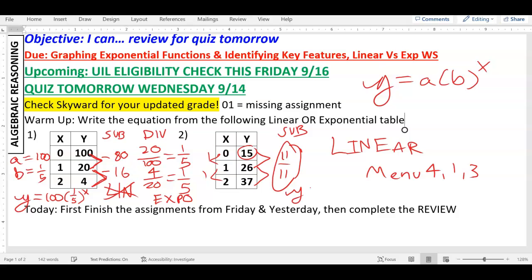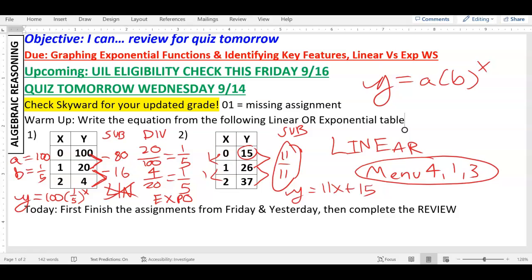So you could think, oh, the slope is 11, so y equals 11x plus 15. But remember, you can just use menu 413 in the spreadsheets, where you type it in, you get your equation that way. That's another way to do it, okay? Now you might be wondering, why can I do this one in the calculator and not this one? I'll show you how to do this one in the calculator Thursday, okay? But for now, I want you to be able to get it out of a table just like this.